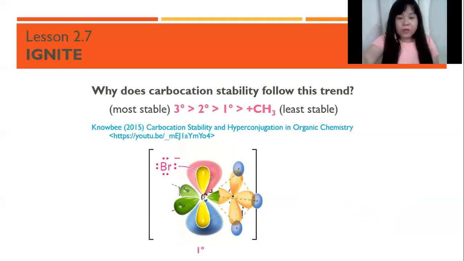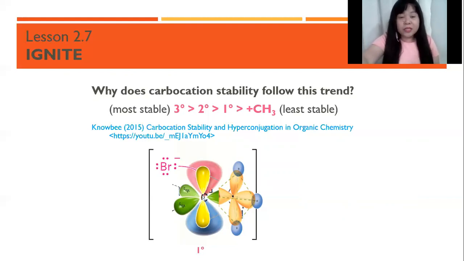So what happens in this case is that the empty p orbital here, as you know, is able to form sideways overlap with a p orbital here, when this carbon was previously sp2 hybridized as well. However, because this has now become sp3 hybridized, it is left alone.